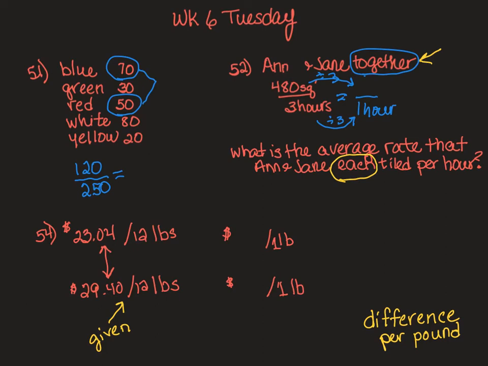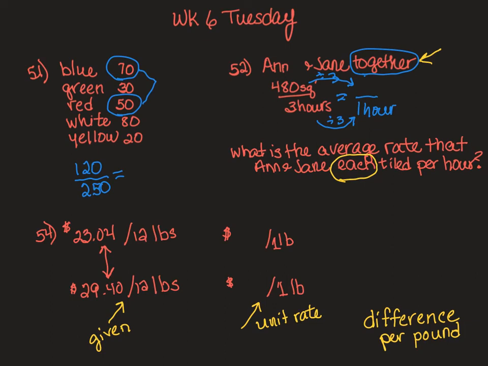My next thing is going to be finding the unit rate. And to find the unit rate, I'm going to divide. So I would take $23.04 and divide it by 12. That would be what 1 pound would be. And I would take the greatest one, $29.40, and divide that by 12. And that is going to be the amount of money that each one is per pound.